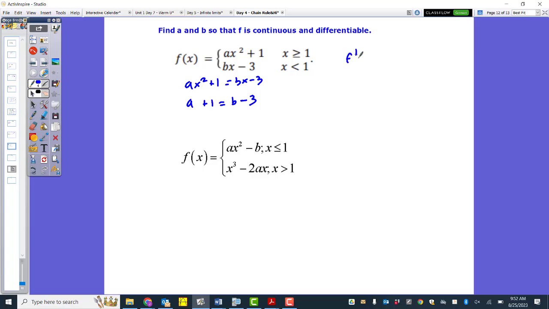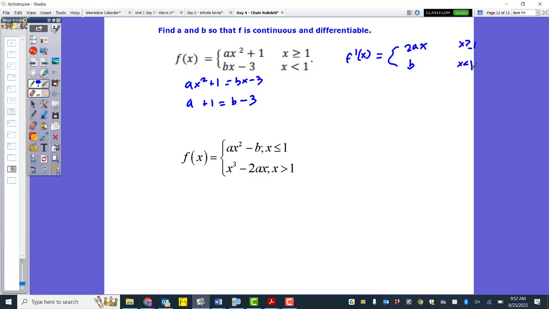So we're going to find f prime of x. Taking the derivative, we get 2ax plus, well, derivative of 1 is a constant, so just plus 0. And then on bottom, we just get b minus, a derivative of a constant is just 0. So this is x greater than or equal to 1. This is x less than 1.